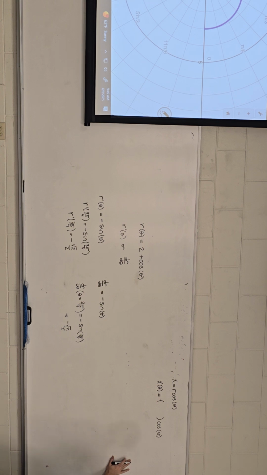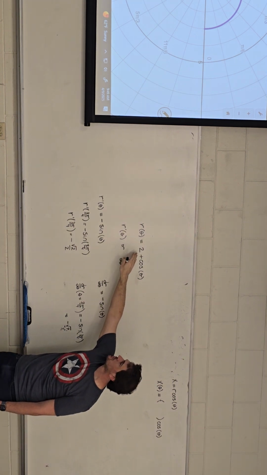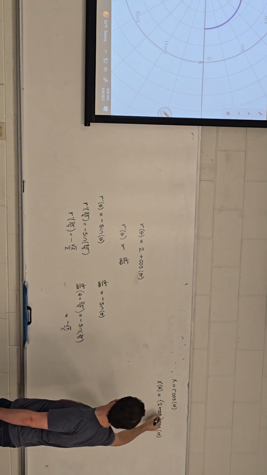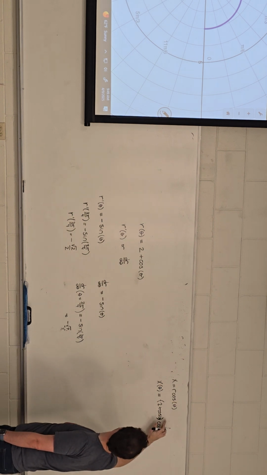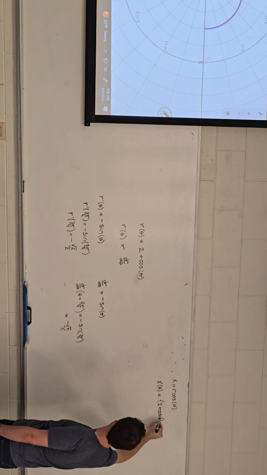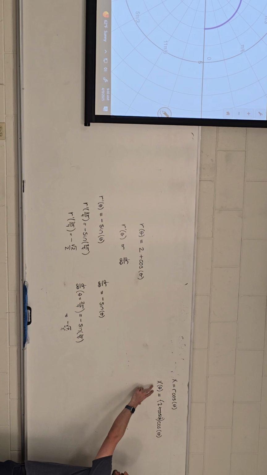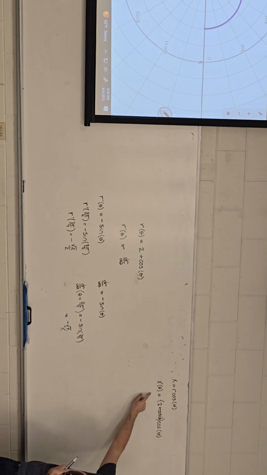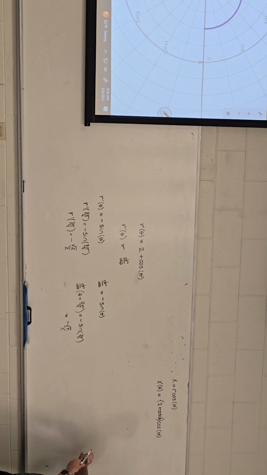And don't forget that r is 2 plus cosine theta. So what does this equation give you? This says you give me the angle, but now instead of giving you how far out to go, I'm actually going to give you the honest to God x coordinate that we're familiar with. And very similarly, y equals r sine theta.